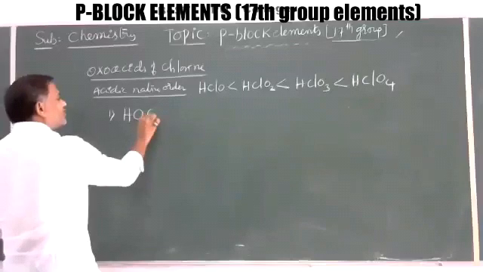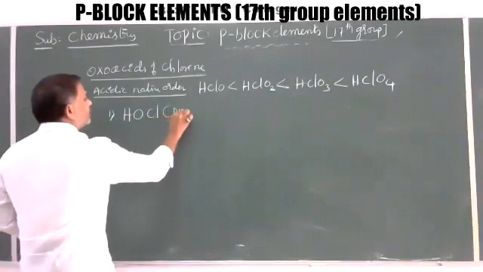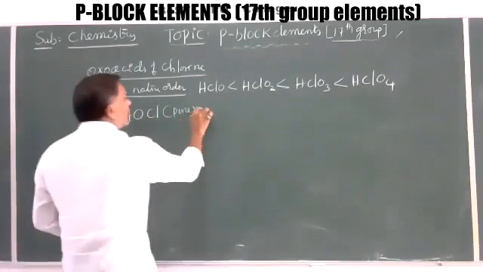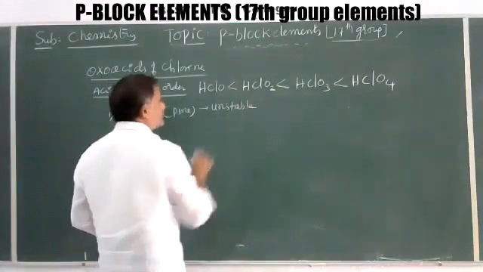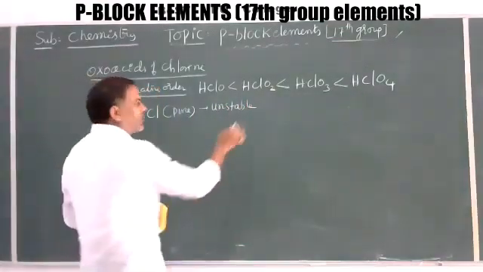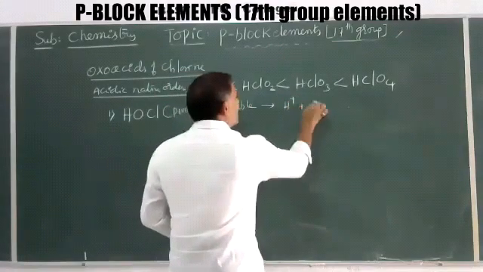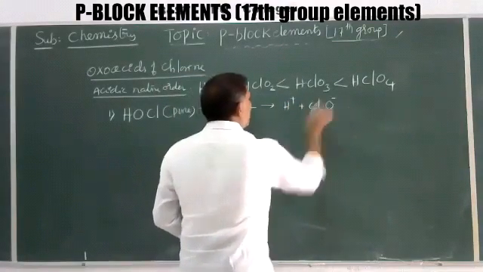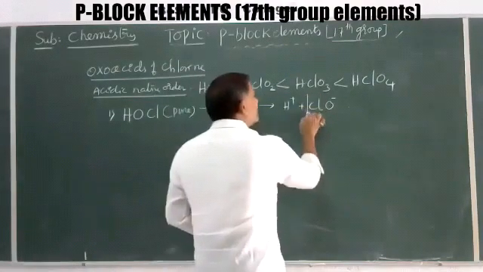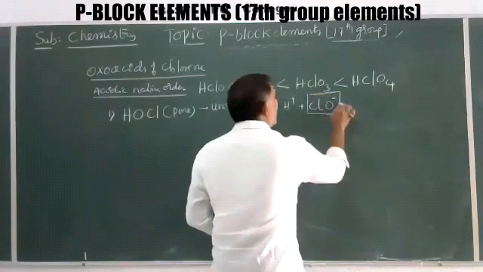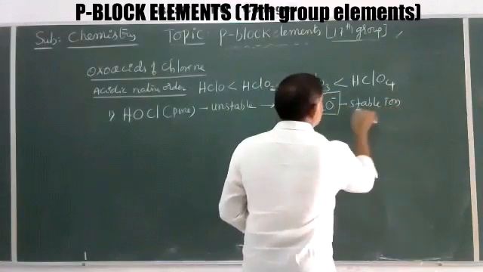Now regularly, the first one we can take is HOCl. In pure form, in pure state, it is unstable. So it dissociates, giving H plus and ClO minus. Now this is a stable ion.